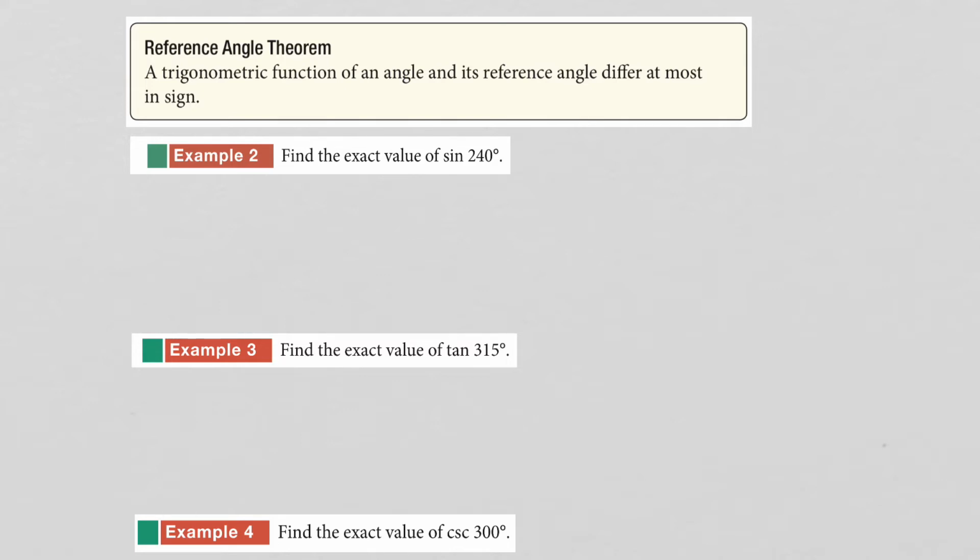Let's suppose that the cosine of a particular reference angle was equal to the square root of 3 over 2. Any angle theta that has theta hat as its reference angle will also have a cosine equal to the square root of 3 over 2, but it could be positive or negative depending on the quadrant that theta is in.